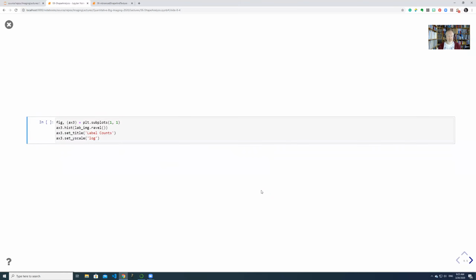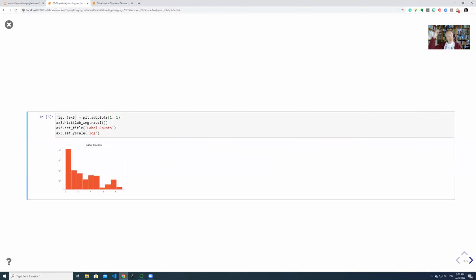So let's take a look at how big these objects are. We now start counting how many pixels are placed within each label. And one has very many pixels. No, actually, I think this one must be the background. Yeah, that's the 0. And then the cars, they have different counts. And from that, we can actually tell the area, because in this histogram, if you count the pixels in one label, that's actually the area.